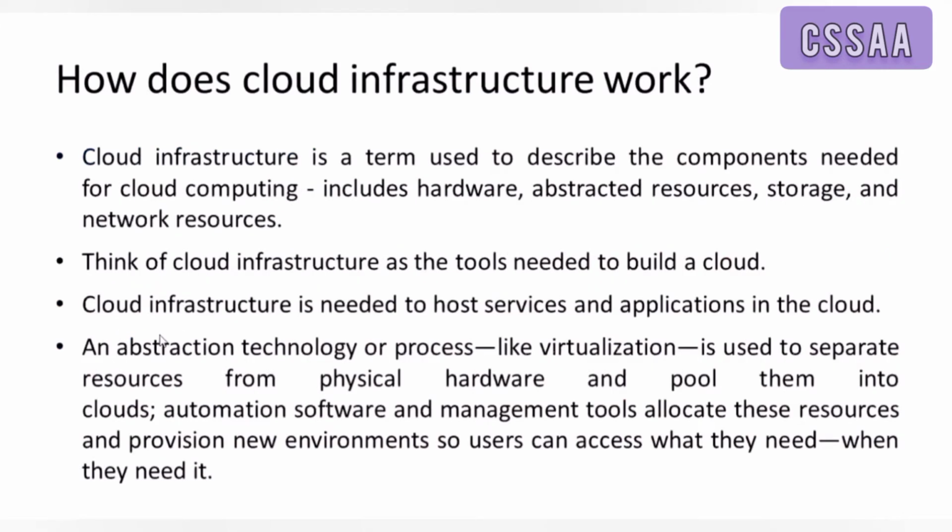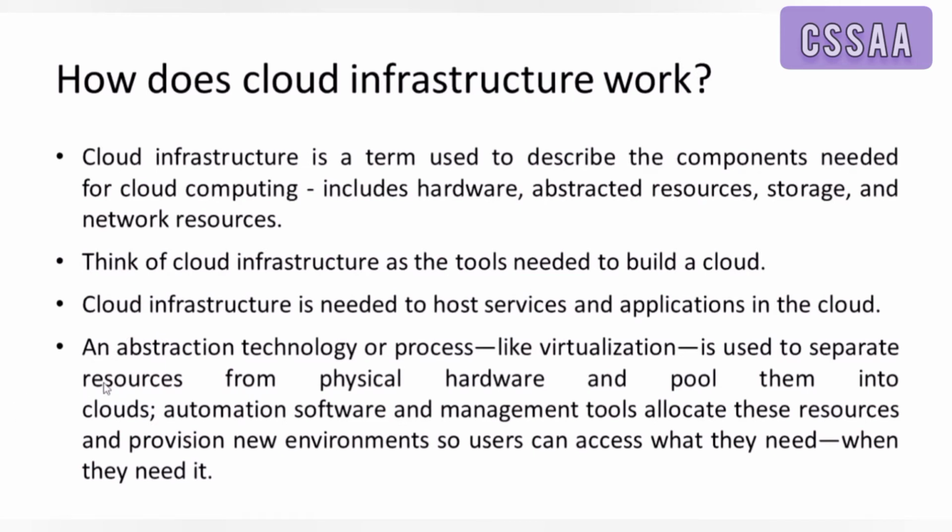How does the cloud infrastructure work? Cloud infrastructure is a term used to describe the components needed for cloud computing. It includes hardware, abstracted resources, storage and network resources. One can think of cloud infrastructure as the tools needed to build the cloud.